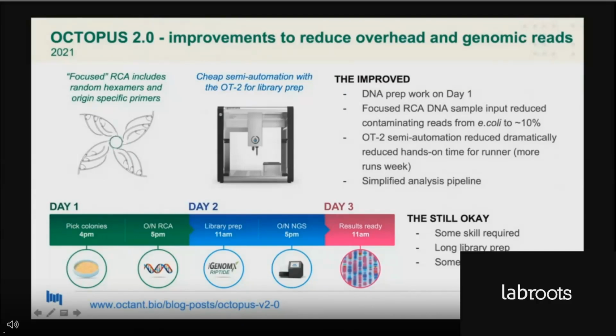Additionally, we utilized the Opentrons OT-2 liquid handling robot. This robot was cheap automation that really further reduced the amount of hands-on laborious work required to get through the day 2 library prep.